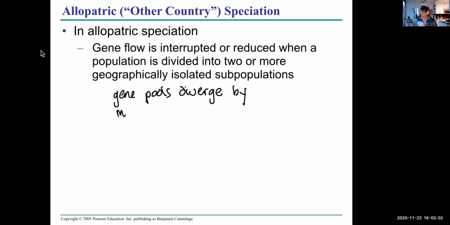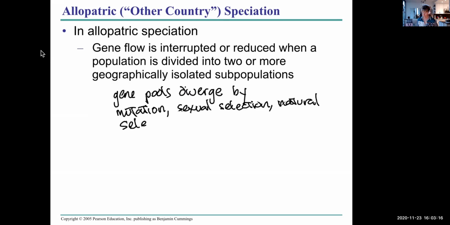By mutation, all the things we talked about. Sexual selection, a type of natural selection. Genetic drift.